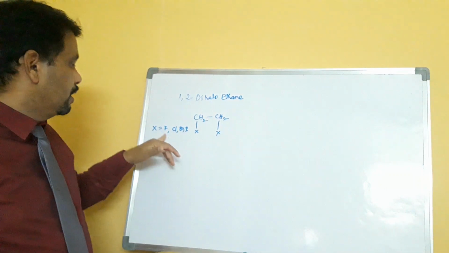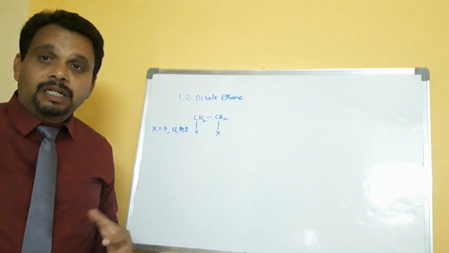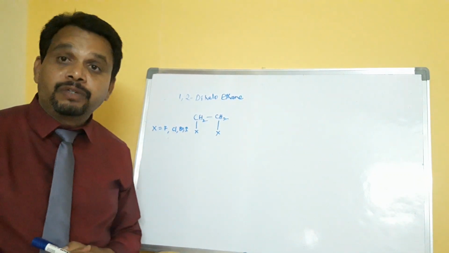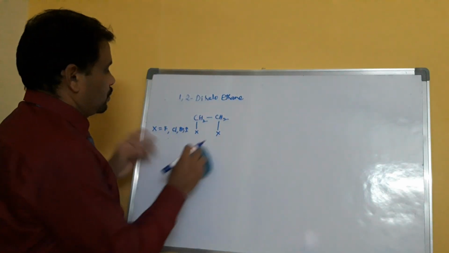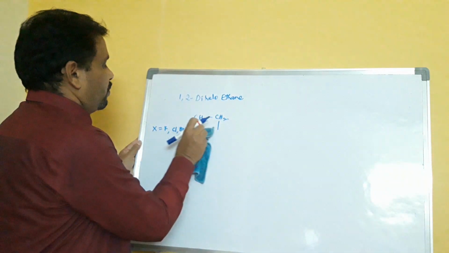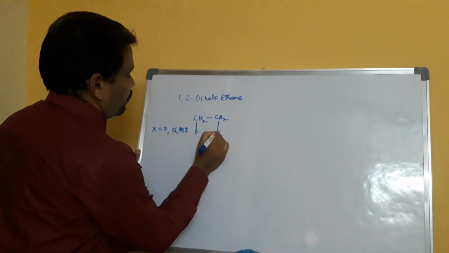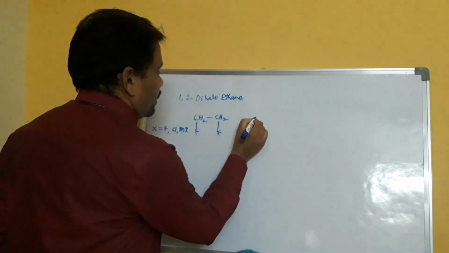First let us see, when we substitute this X with fluorine, what are the possible conformers in that molecule and which is more stable, let us see. Okay, so first I'll write 1,2-difluoroethane. So possible conformers I'll write down.